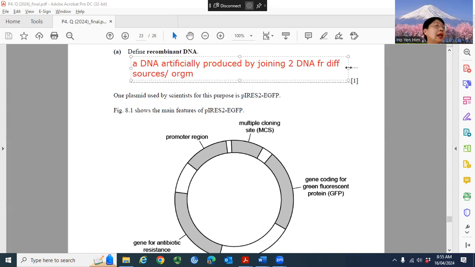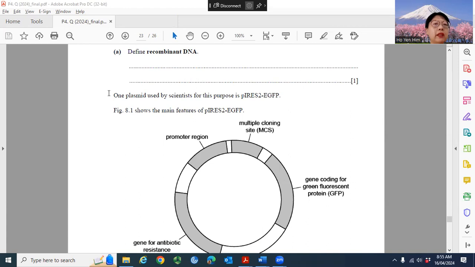Right? It must be a DNA where it's artificially produced by joining or combining two DNA that come from two different sources or two different organisms. So definition, you need to memorize. Okay, so please memorize the definition. Because you can see in this question itself, they ask you a few definitions. Okay, like genetic drift, recombinant DNA.